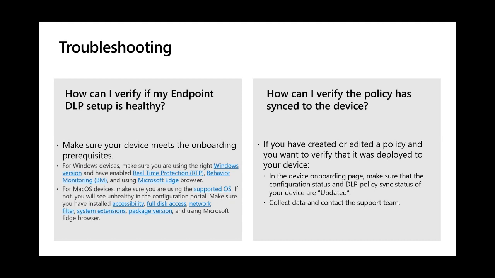In the case that your policy has not been deployed into your device, then the status will say not updated. Something to note here is that after making a policy change, you should give it at least 2 hours for the onboarding dashboard to reflect updated for that specific policy.